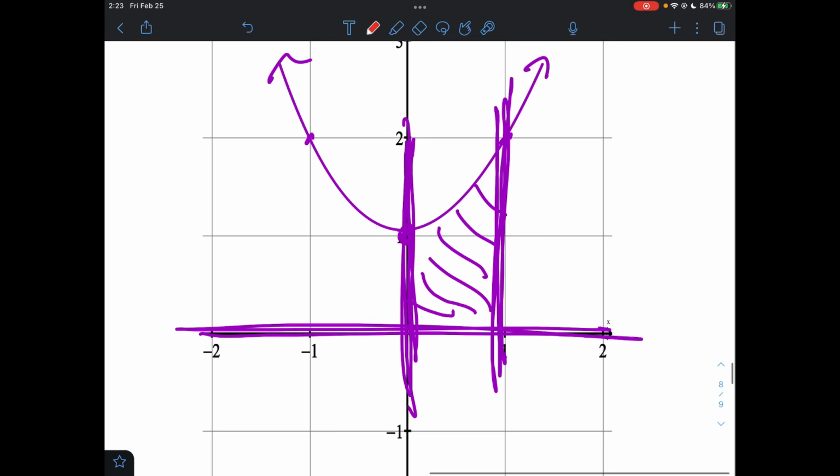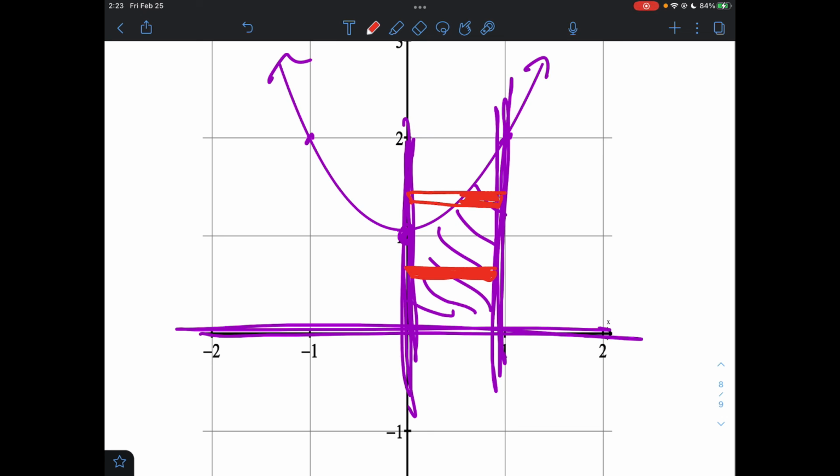So if you did something down here, that would be a disk problem. However, if we did this over here, that's going to be something that is not a disk. Okay?